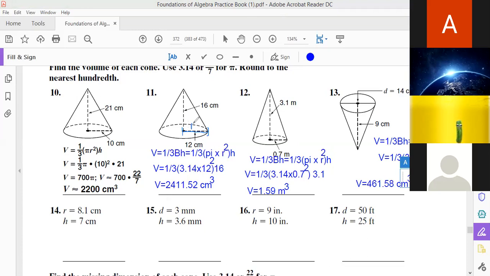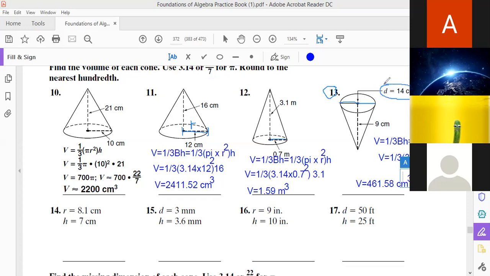This is r, radius. In question number 12, it's also from center to the edge. But if you observe in question number 13, the value is given from one side passing through the center to the other side. It's a diameter, not r.